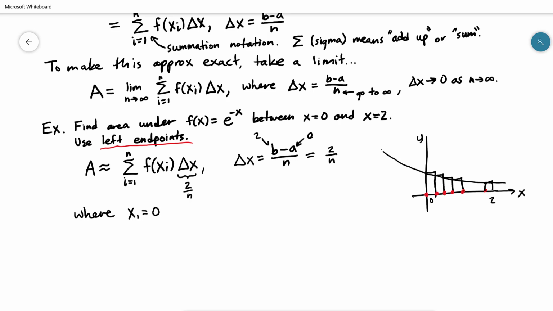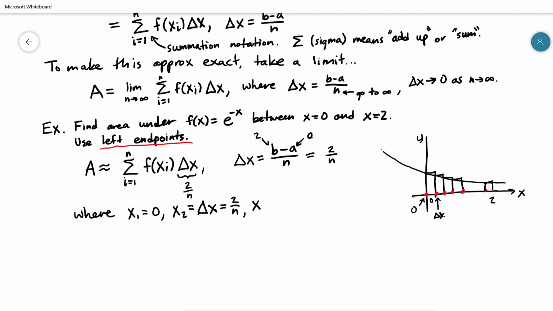So x1 is going to be 0. This next point, so that point right there is 0. This next point is going to occur at delta x, right? It's 1 width to the right of 0. So x2 is going to be delta x. That's going to be the next point I check, which is just 2 over n.